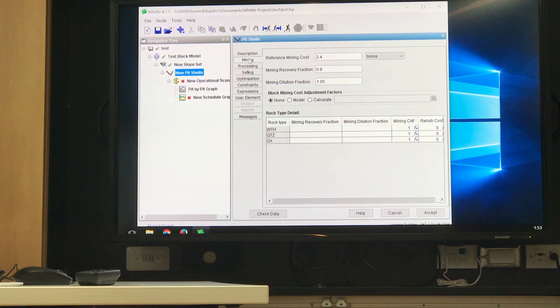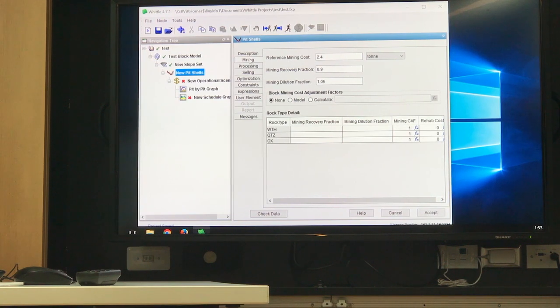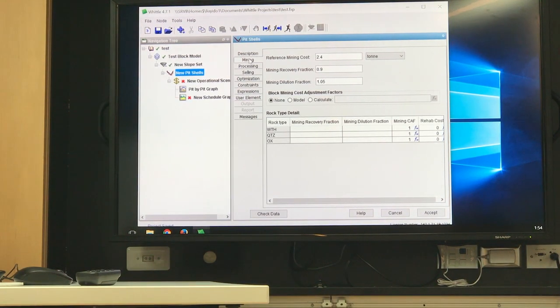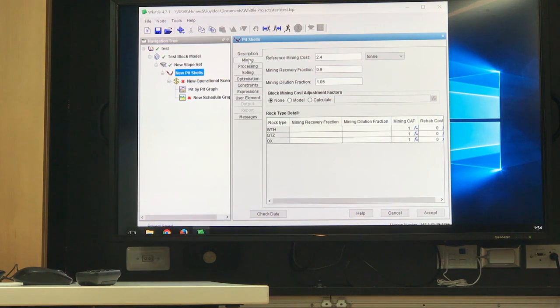Statistically, what has been the mining recovery and dilution? For example, for gold mines, the dilution generally depends on the type of gold deposit. If it's a narrow vein gold deposit, generally the dilution is high. So you need to look at a similar type of deposit and come up with some number.